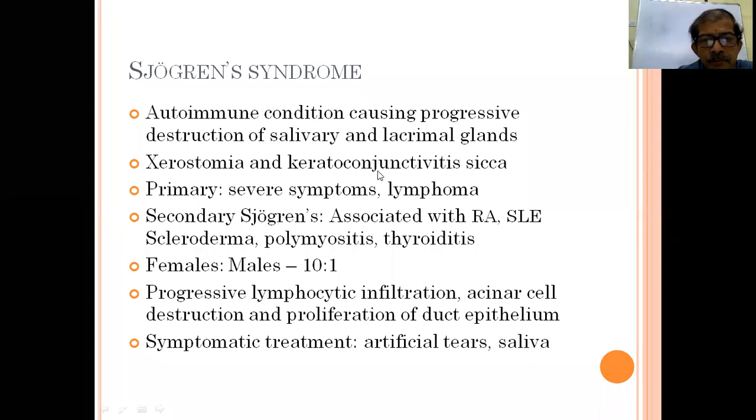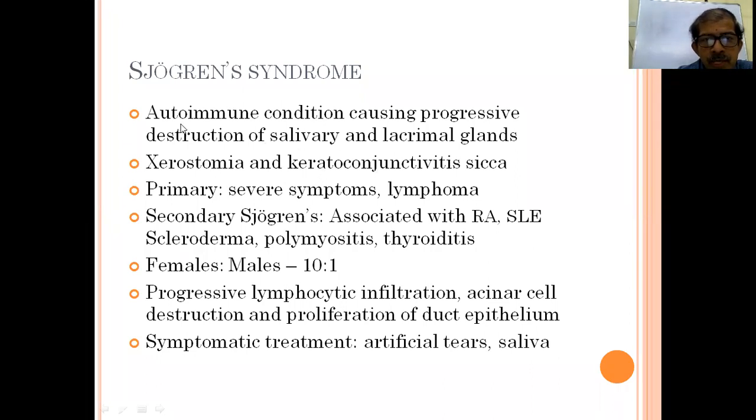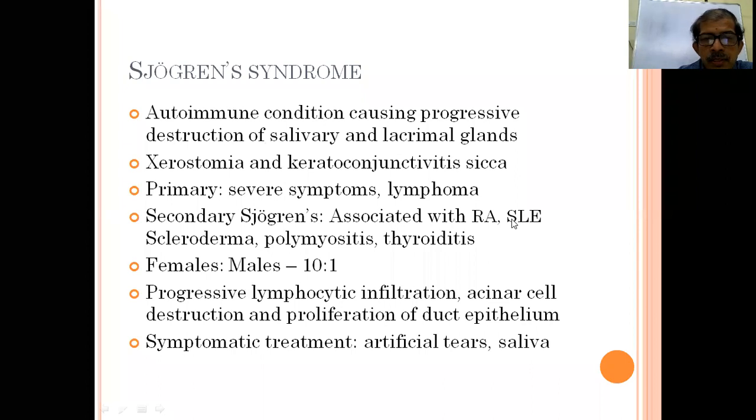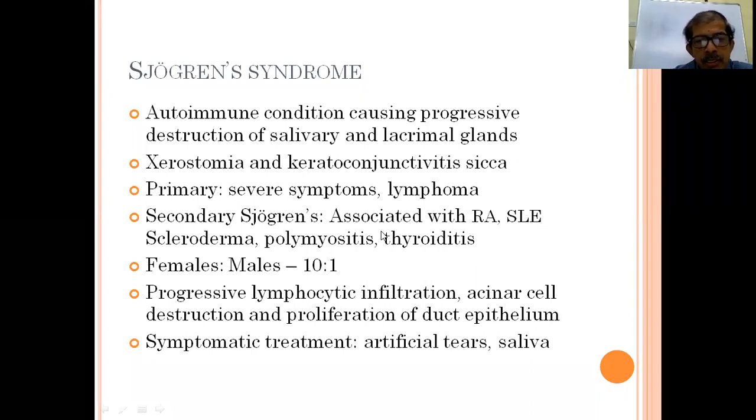One is primary, where there is no disease elsewhere, and it can lead to lymphoma. Secondary is seen in collagen diseases and other autoimmune conditions like rheumatoid arthritis, SLE, and scleroderma. It is common in females, 10:1 ratio, and there is lymphocytic infiltration. That's why the possibility of lymphoma is to be considered.